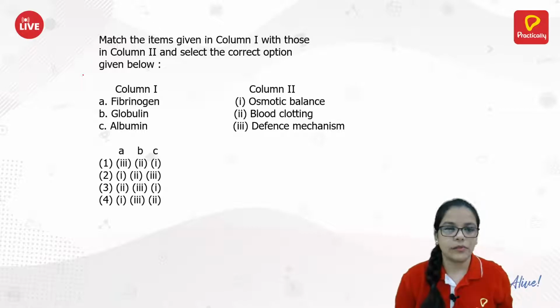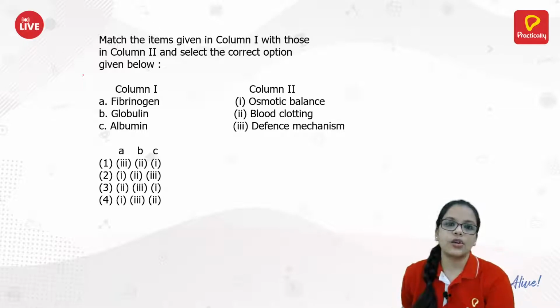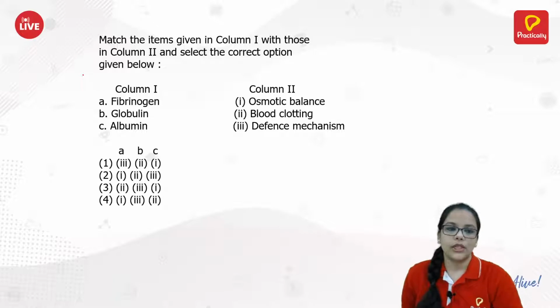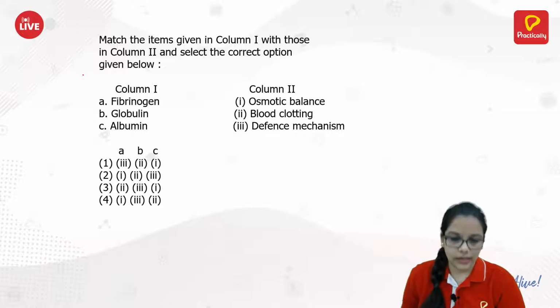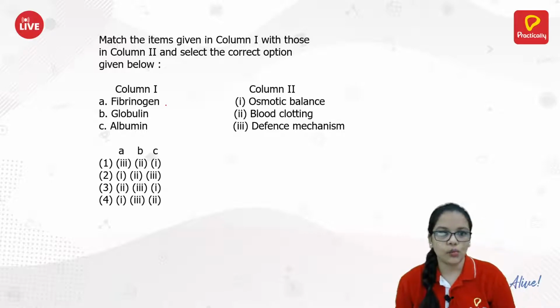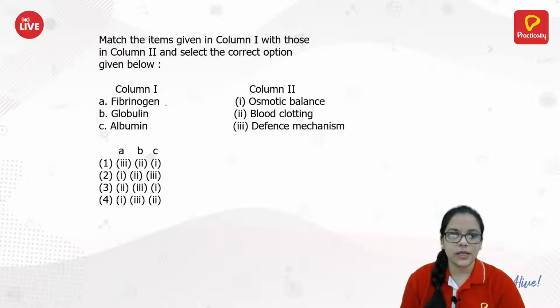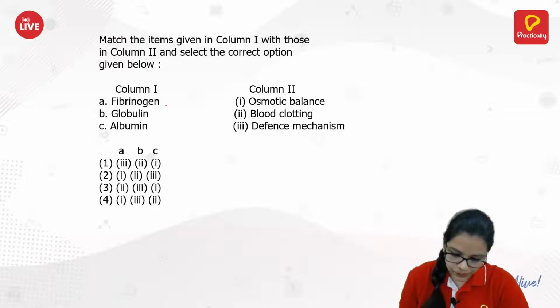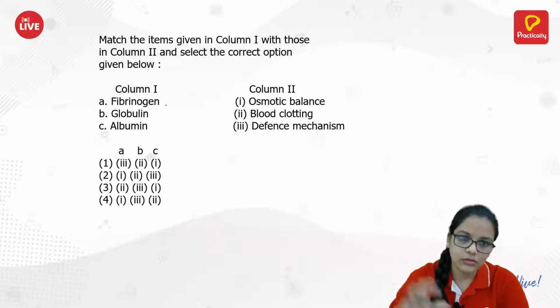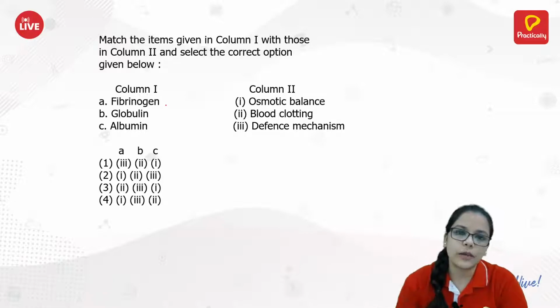Match the items given in column 1 with those in column 2 and select the correct option. Fibrinogen, globulin, albumin, blood clotting, defense mechanism, and osmotic balance. Let's see. Fibrinogen and fibrin help in blood clotting.